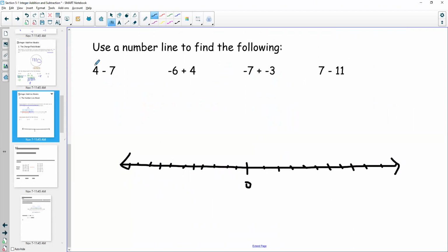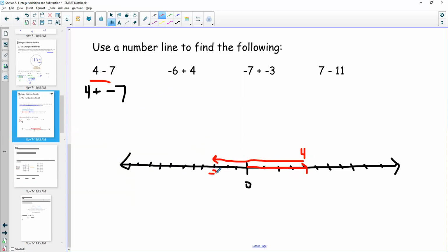All right, so 4 minus 7, we're going to think of as 4 plus -7. So we're going to do that one in red. So I'm going to start by moving to 4. 1, 2, 3, 4. That's 4. And then I'm going to move -7, which means I'm going to move from there to the left. 1, 2, 3, 4, 5, 6, 7.